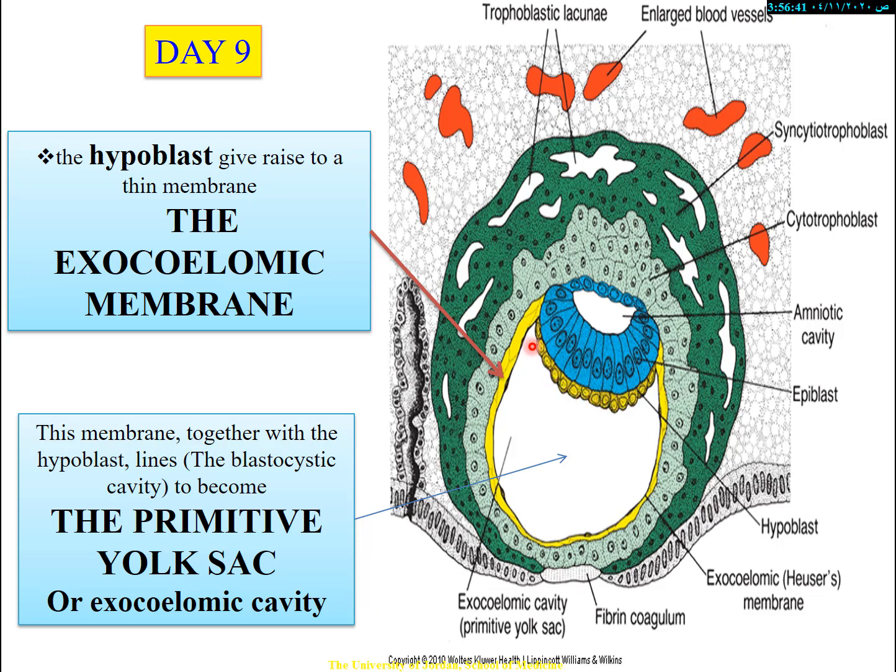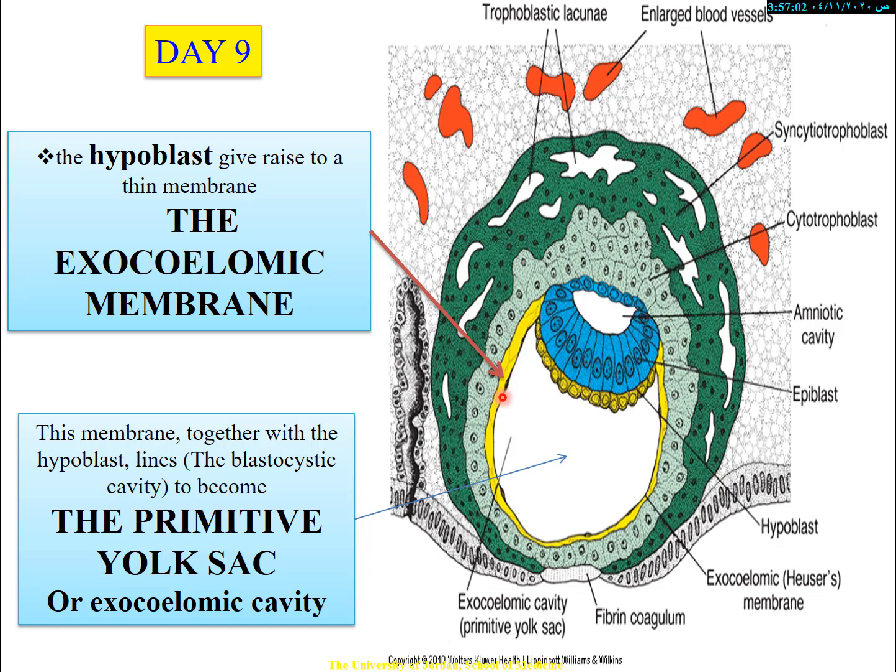This is the main player during the second week of development. So we will talk about the epiblast later on, but now let's focus on the hypoblast. The hypoblast gives rise to a thin membrane, the exocoelomic membrane. This is the exocoelomic membrane.